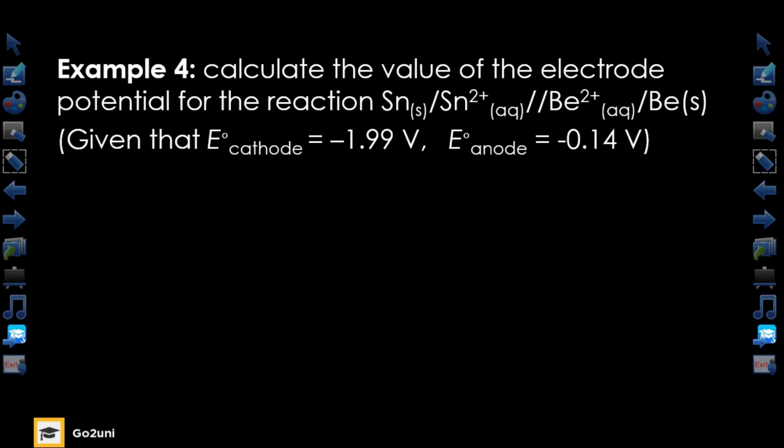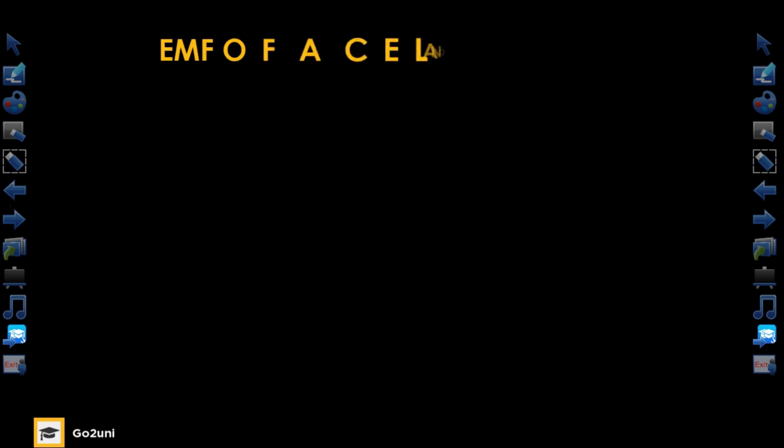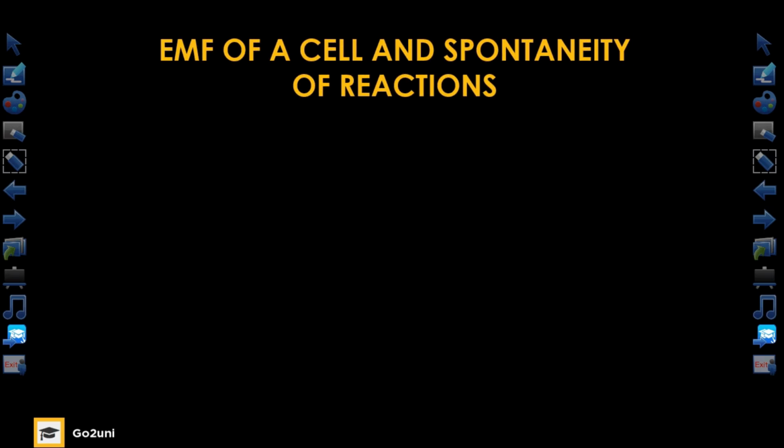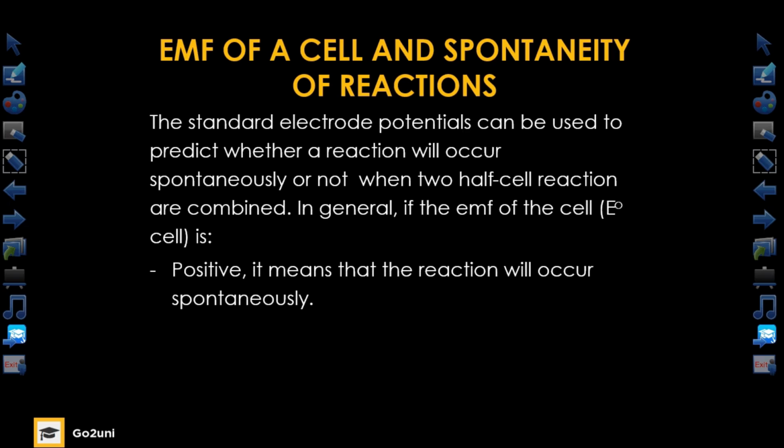Now, away from that, we can see what we mean by the spontaneity of a reaction. How can we determine if a reaction or a cell will be spontaneous? That is what we are going to look at next.